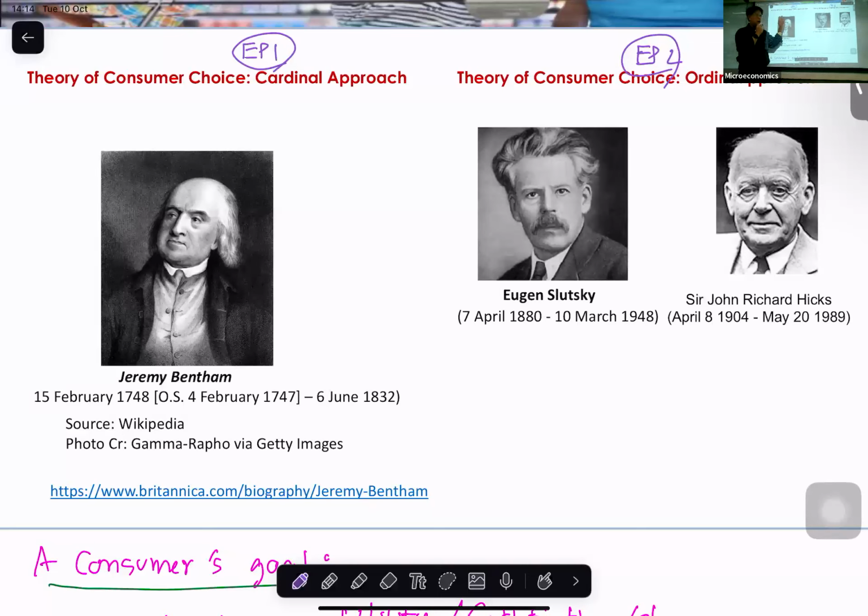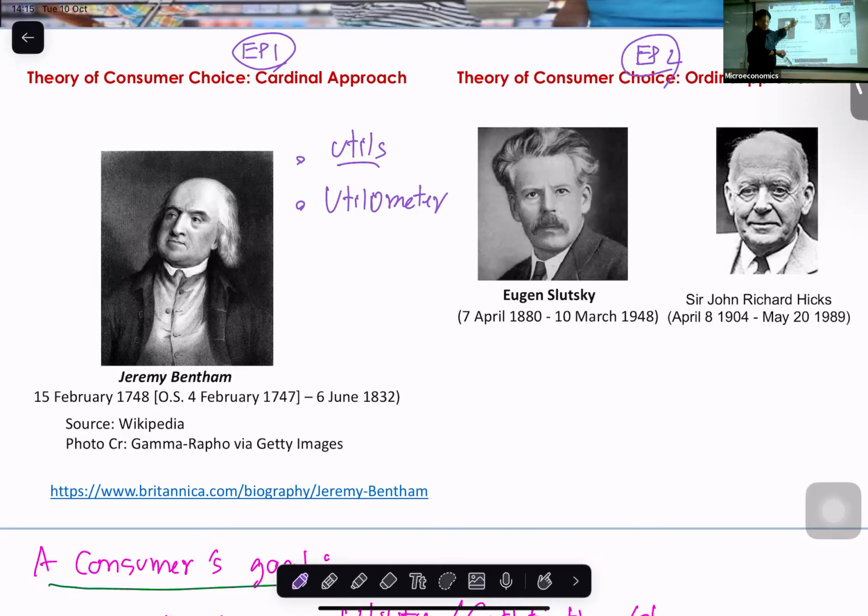He said, I want to study this topic. Let's make utility measurable. Let's assume that happiness can be measured. And the unit of measurement is called utils. And he went further. The device used to measure utility is called a utilometer. Oh, he must be insane.